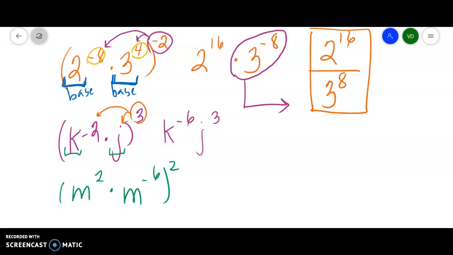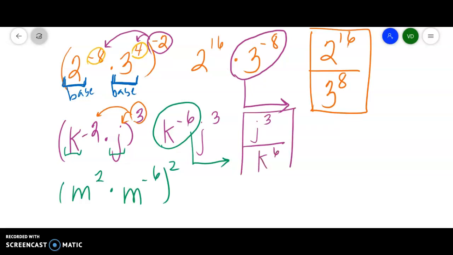If we're rewriting to not have any negative exponents, that means that I'm going to take this K to the -6, and that's the one that's going to go below my fraction as my denominator. So my final answer will be J to the 3rd power over K to the 6th power. And that's my final answer.